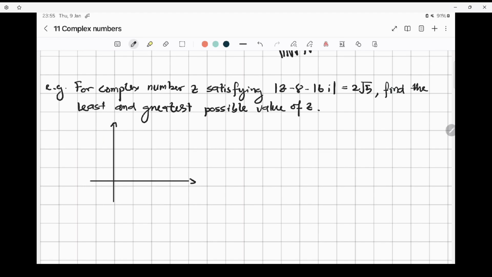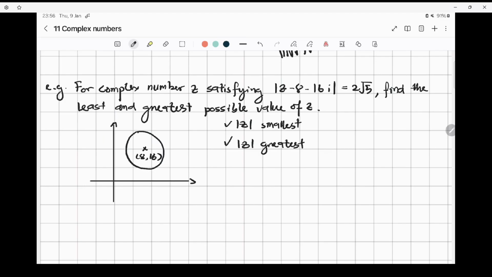Okay, so the center will be at 8 plus 16i, and the radius will be 2 root 5. So this will be the radius, for example. So what the question asks is basically you need to find two of your complex numbers such that the modulus z is the smallest and the modulus z is the greatest.